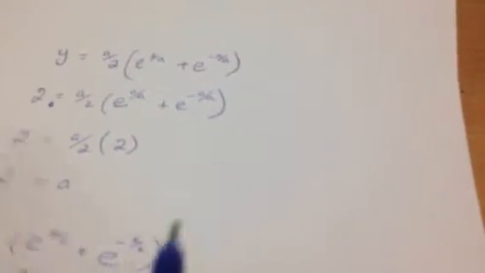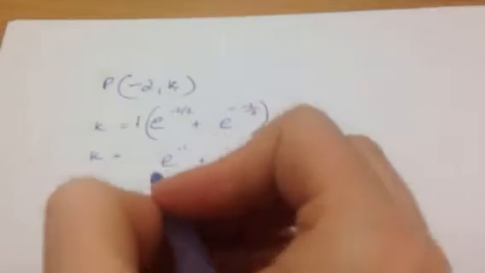That's part 2. Part 3. They asked me to find the value of k, the y coordinate of P in terms of e. Now what have they told me about P? They've told me that (-2, k) is P. And I know that P is on the curve, a point on the curve. So if I substitute in again, this is my y value, so y equals e to the x over 2, times the 2 over 2 outside here, plus e to the minus x over 2.